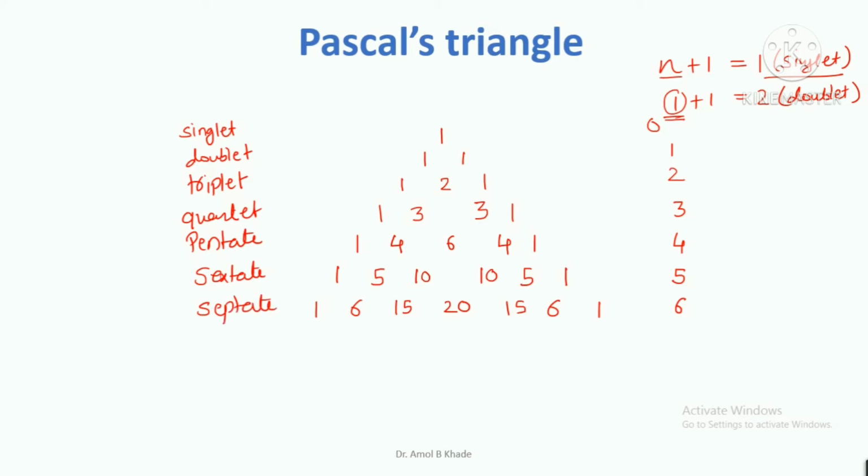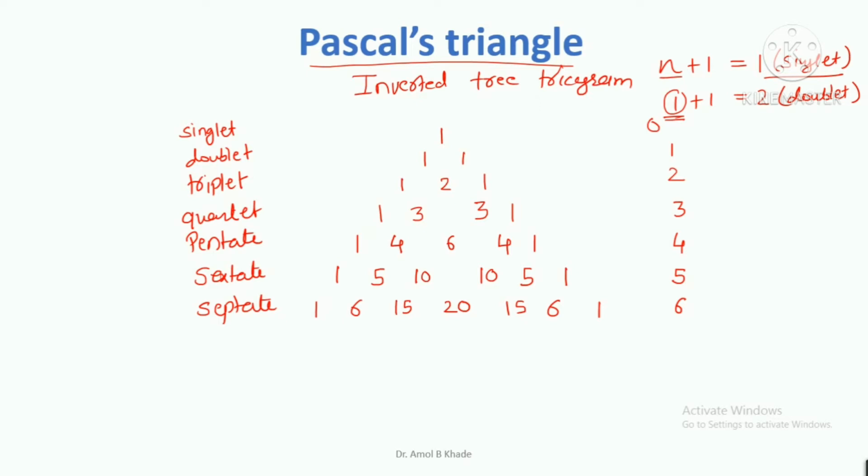This is how we can easily draw the Pascal triangle, and this Pascal triangle is also referred to as an inverted tree diagram. If you carefully look at it, it is exactly opposite to how a tree looks.